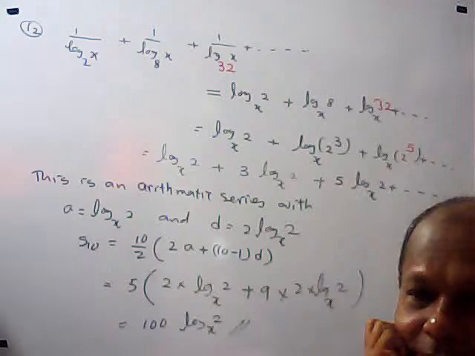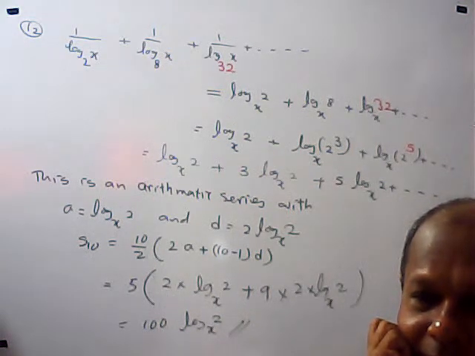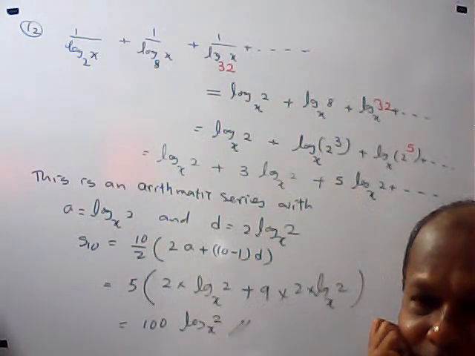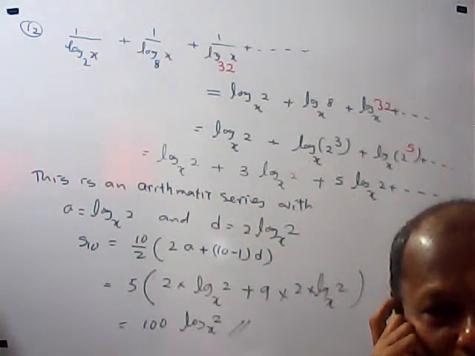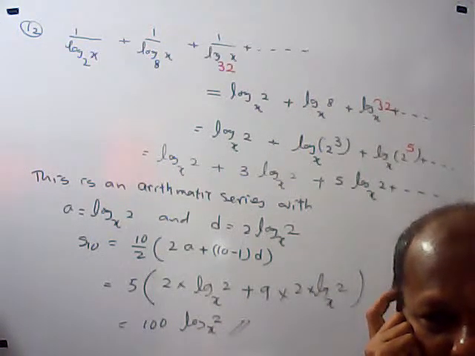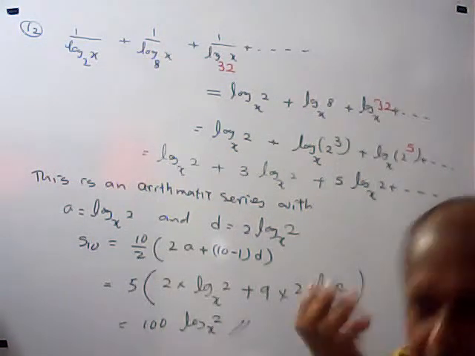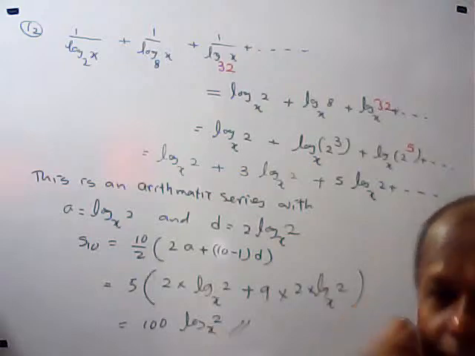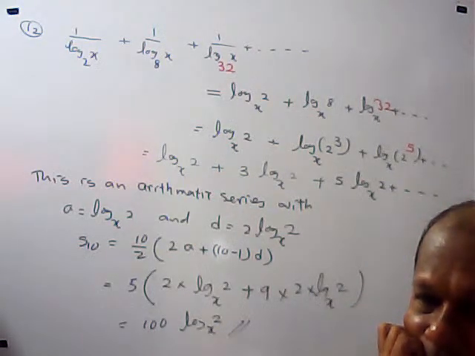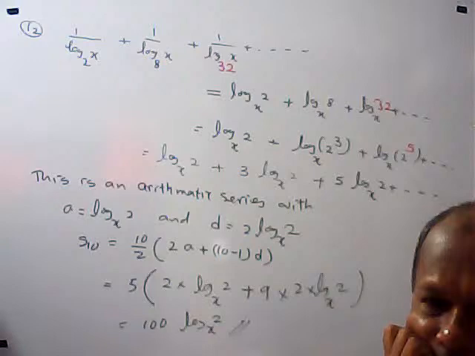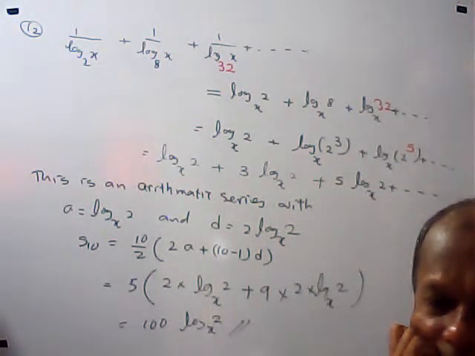You can take log x2 out. Still log x. You can't divide. Dividing, you are changing the series, but you can take it out. You can take log x2 out. That can be done. Not dividing, okay? Dividing, you will make it disappear. Taking log x2 out, it's then correct.